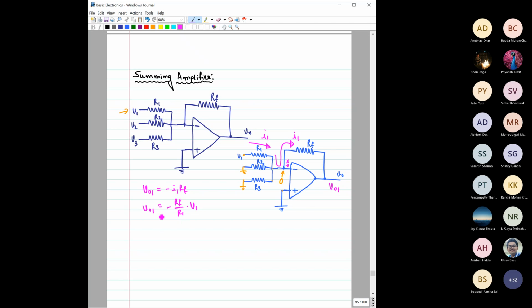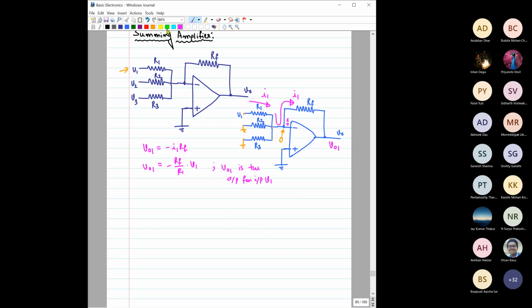So remember, V01 is the output for the input V1. Now you consider V2, and say the output would be V02. V02 similarly can be written as minus RF by R2 into V2, right?